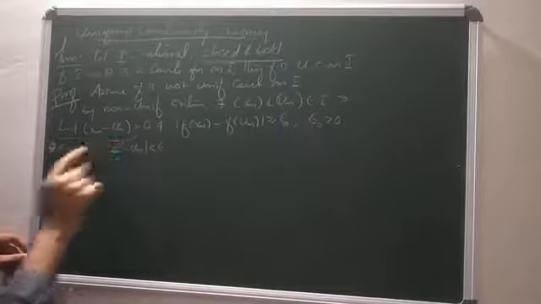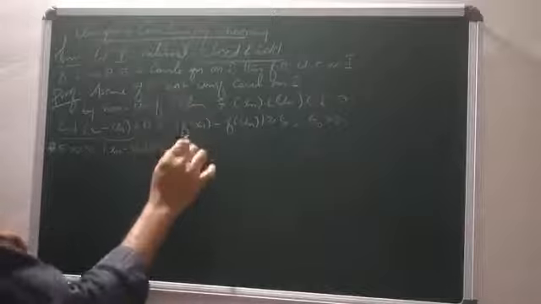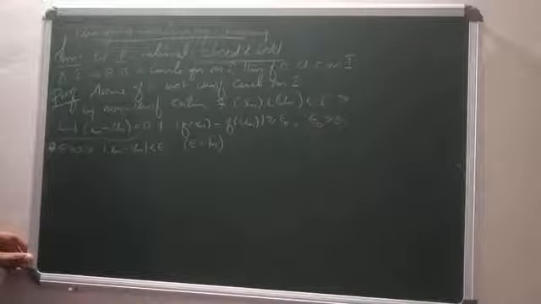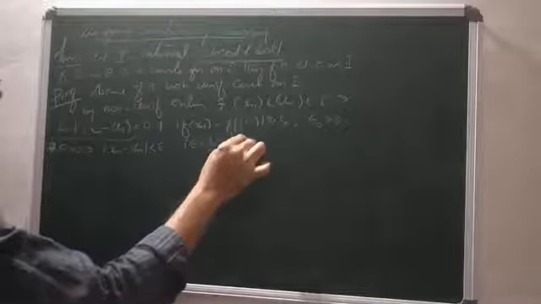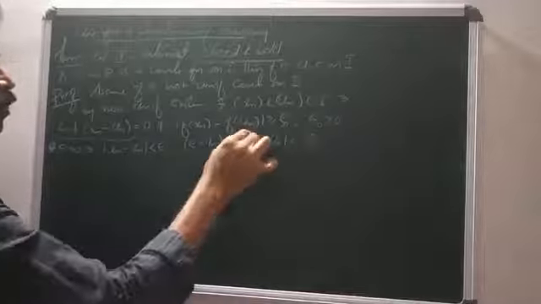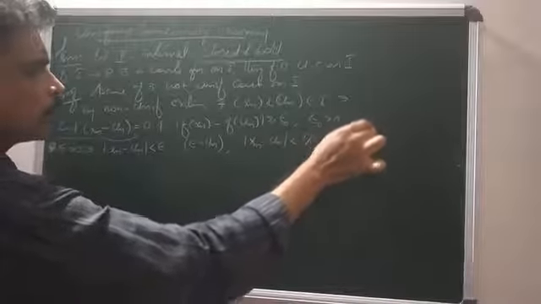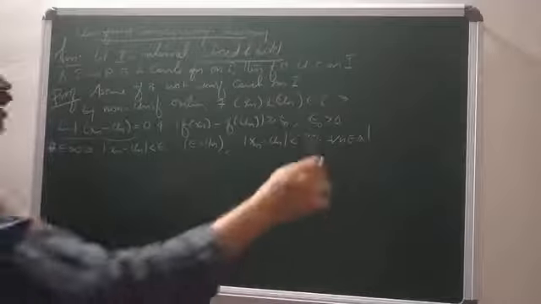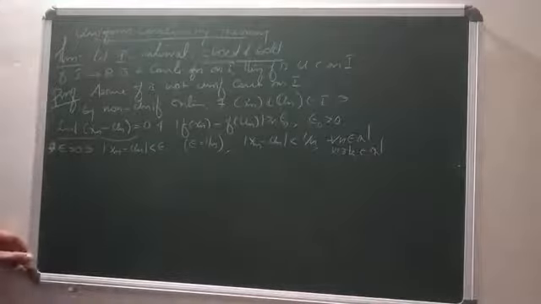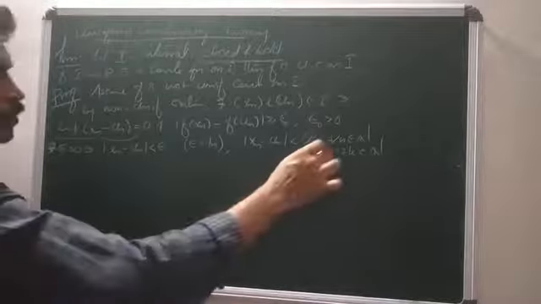So for more convenience, put epsilon equals 1 by n. Then the modulus of xn minus un is strictly less than 1 by n, for all n greater than or equal to k, where k is a natural number.